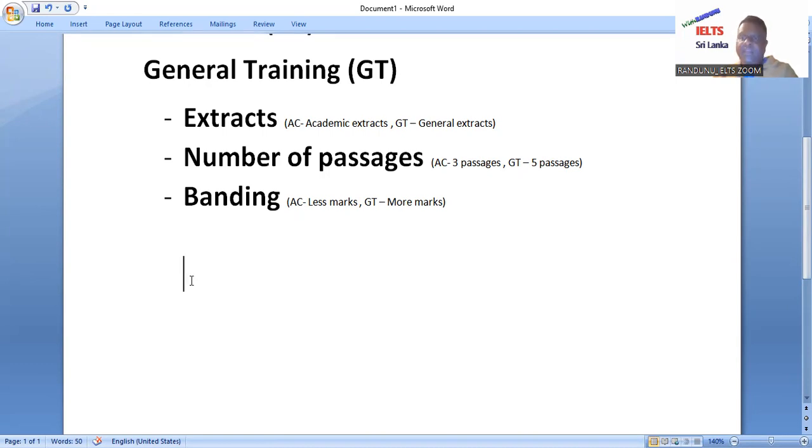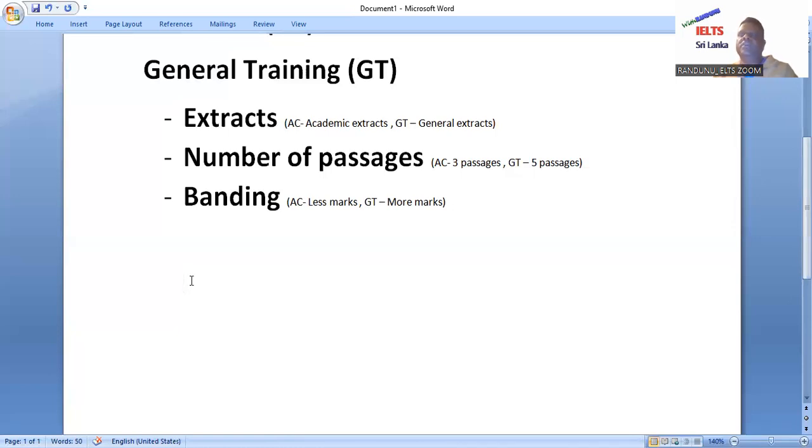Therefore, even if you are doing academic reading, I recommend you do general reading first, so that you will be familiarized with the type of questions and the way you have to answer. After that, you can go to the advanced version, the academic version.